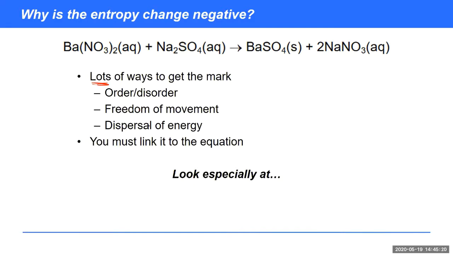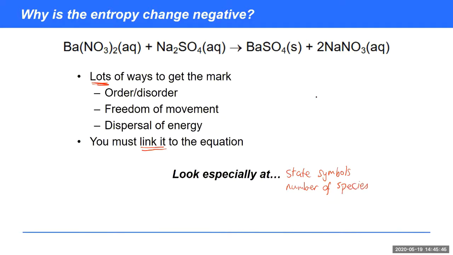You can talk about dispersal of energy. But if you want to get the mark, you have to actually link it to the equation, and looking especially at the state symbols and the number of species.